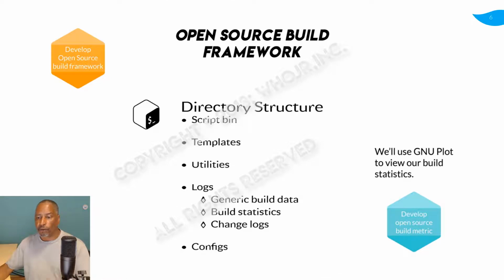The OpenWork build framework will be structured where it has a bin. It'll have build templates, which we can include our timing framework so that we know how long these individual builds are taking. It's not really that important because a lot of these are going to be one-off builds, but as we move down and as we begin to spin up custom kernels in order to support our containers, it could be very, very useful.